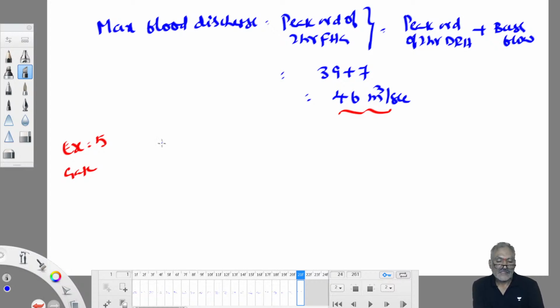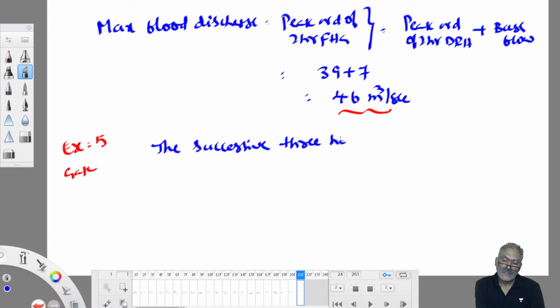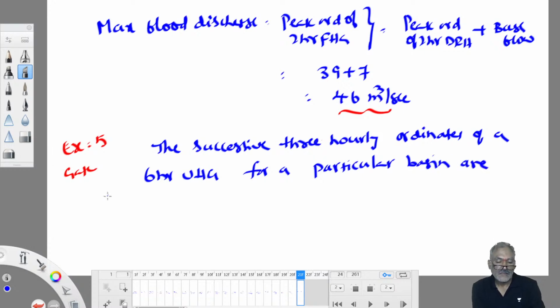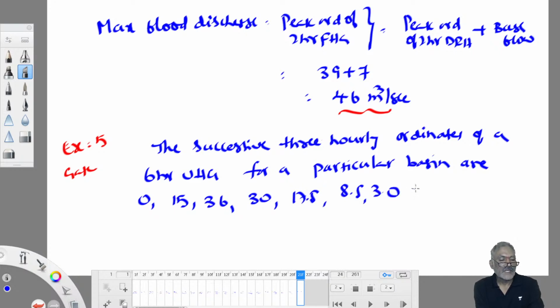These are the successive three hourly ordinates of a 6-hour unit hydrograph for a particular basin: 0, 15, 36, 30, 17.5, 8.5, 3 cumecs respectively.